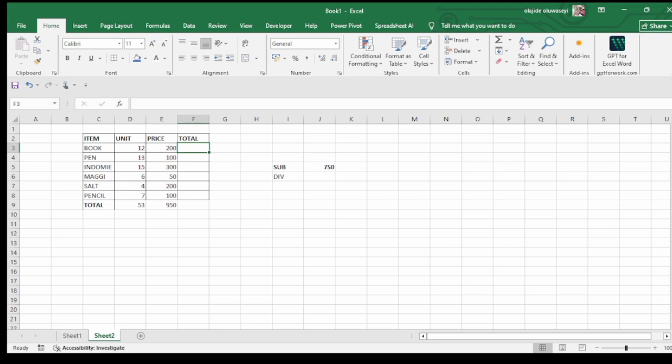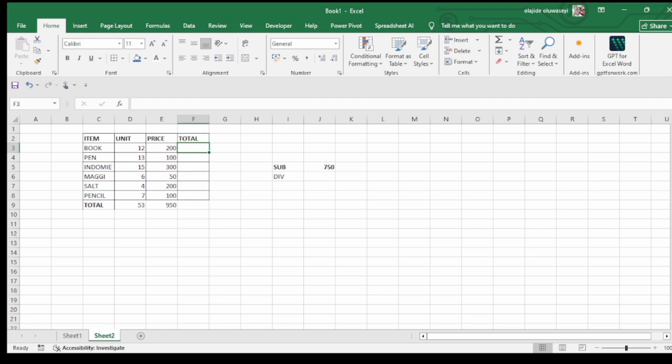Now, how do we multiply? This is a small shop, and this is how they sell. We have the unit and we have the price. The unit is the number of products they have. Maybe this is a shop that sells books. How many books do they have? They have 12 books. You understand? Now, what is the cost of each book? Each costs 200 naira.